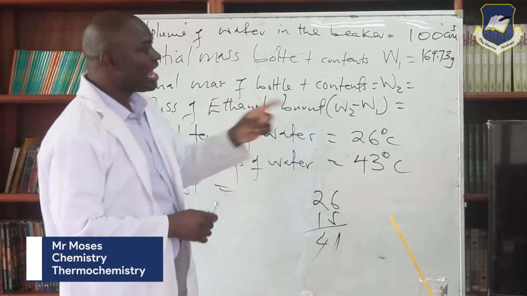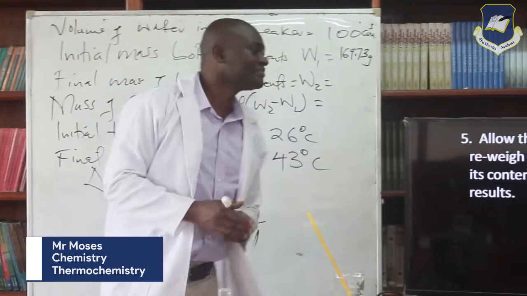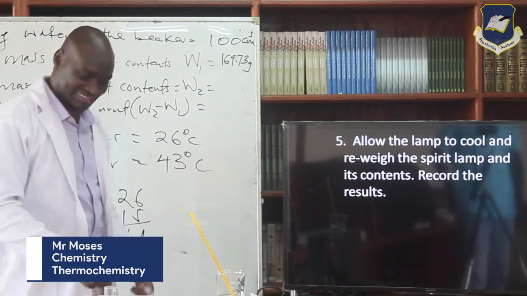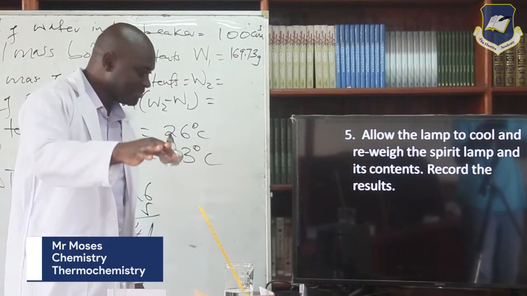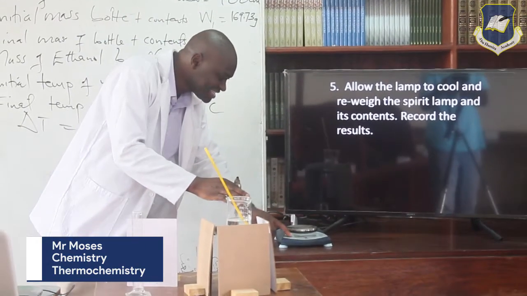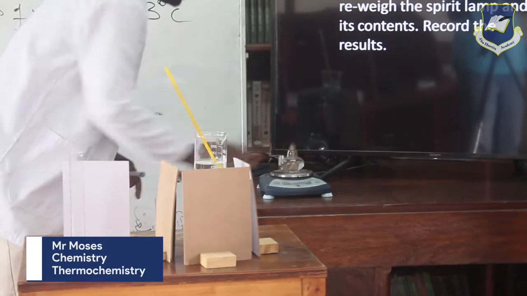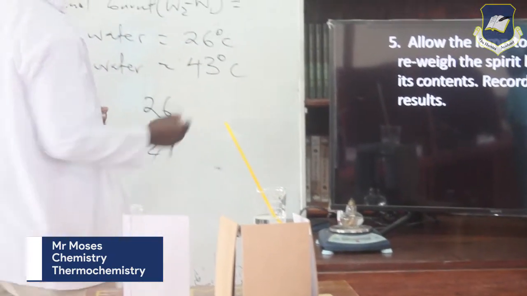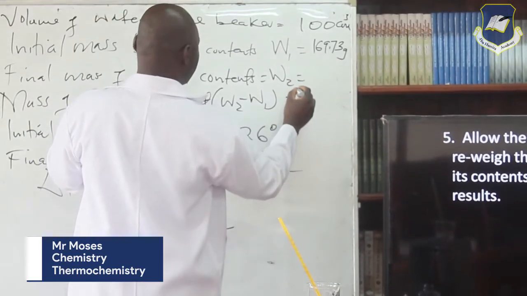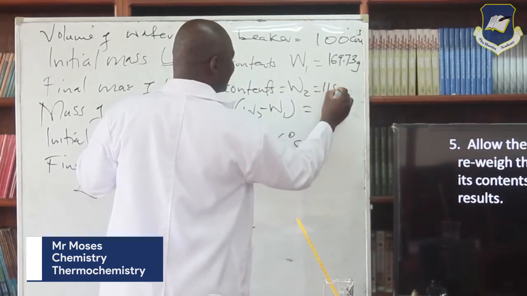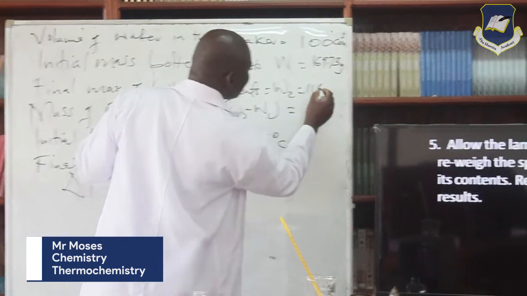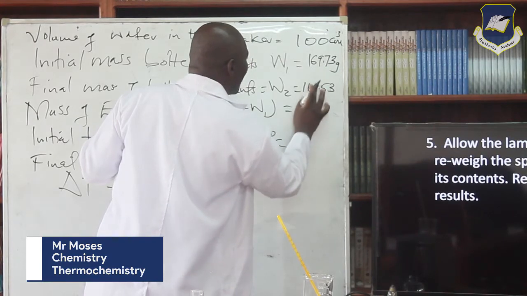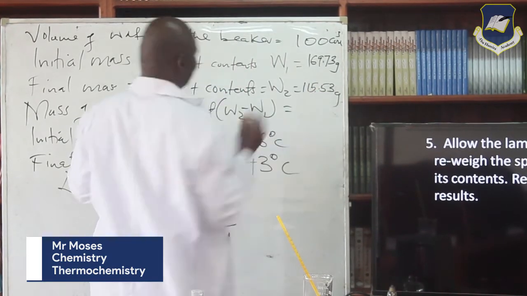Now, allow the lamp to cool and reweigh the spirit lamp and its contents. So this is our lamp, we are going to reweigh it. Now it is 115.53 grams.